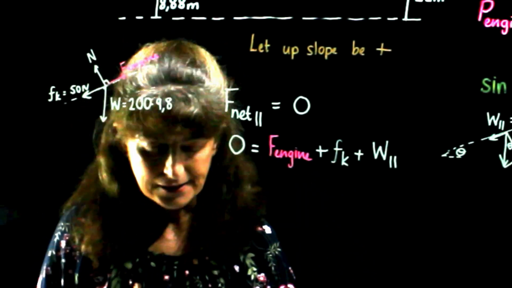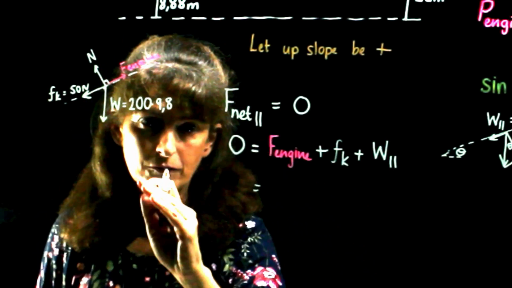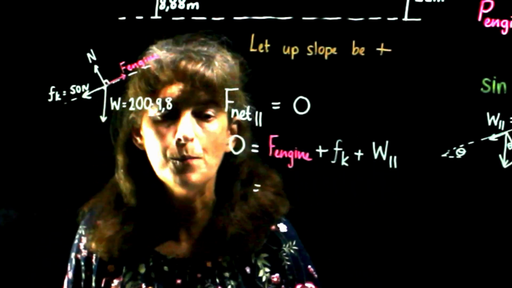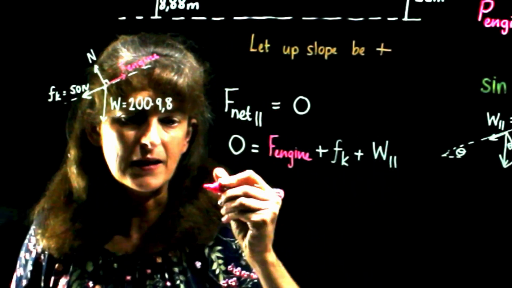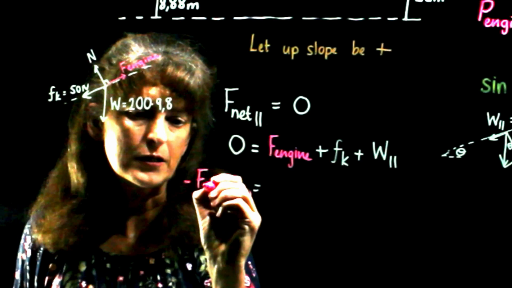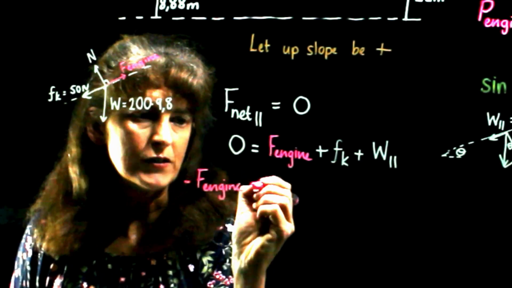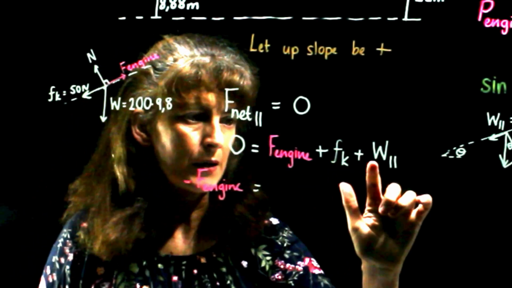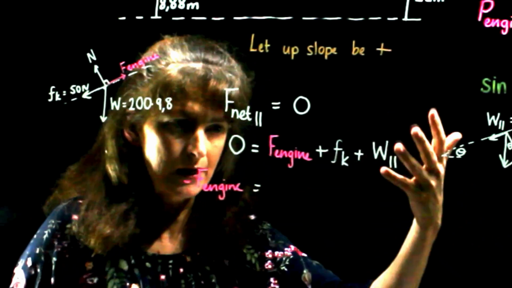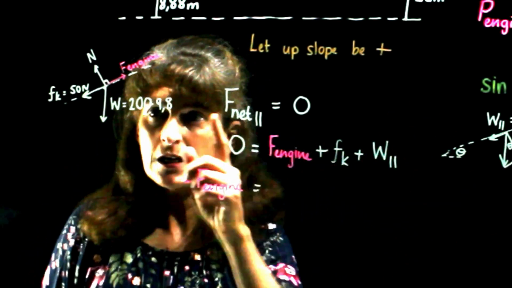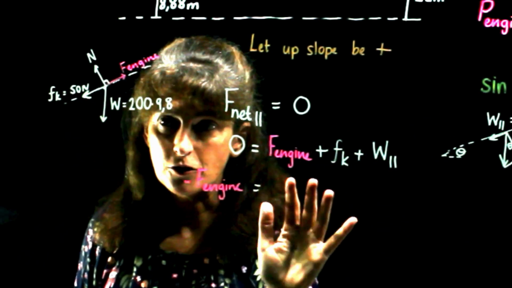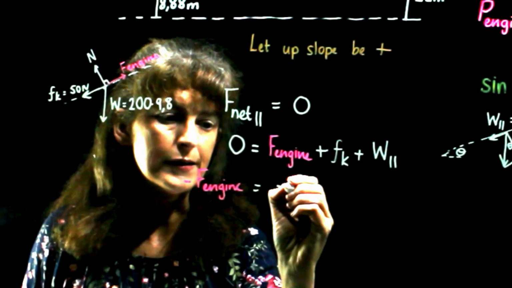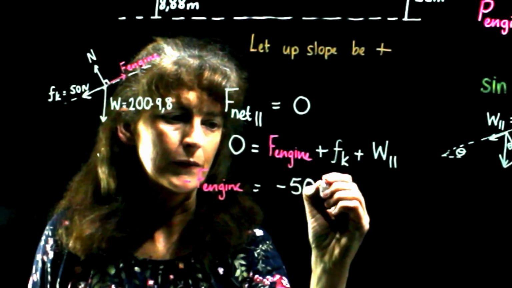So, let's take F engine over to one side because that's what we're actually trying to find out. In other words, we subtract F engine from both sides, and that gives us minus F engine here, and removes it from the right-hand side, is equal to kinetic friction plus the parallel component. Now let's actually get substituting. Kinetic friction is 50 newtons, but you can't just write 50 newtons because we know that it's acting down the slope, so minus 50 newtons.